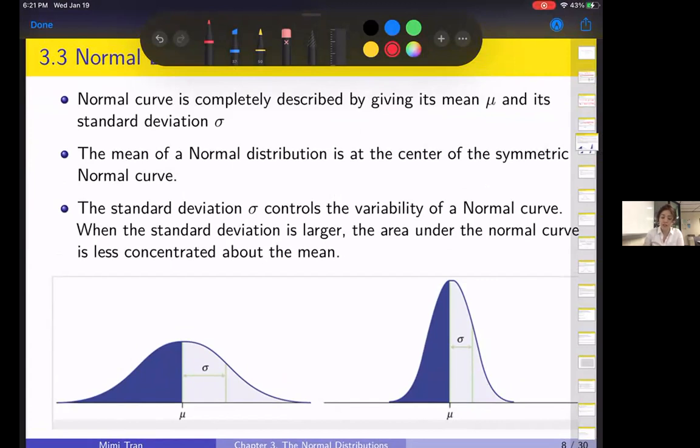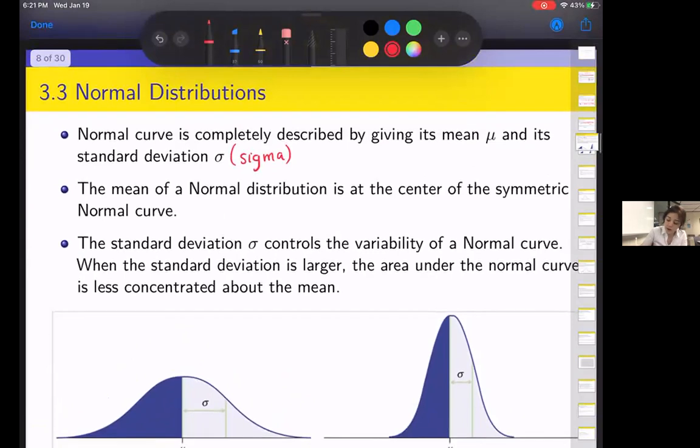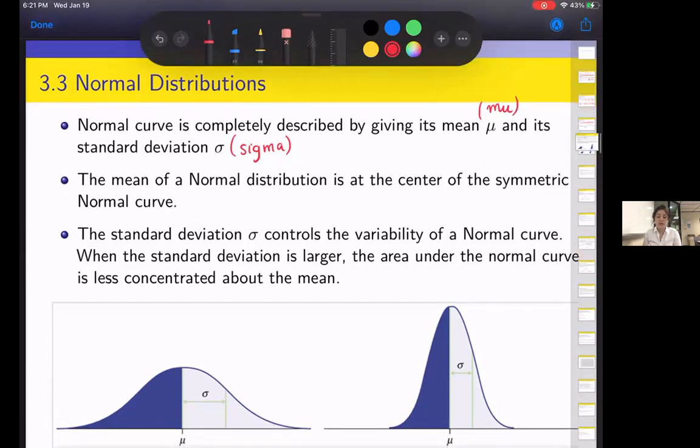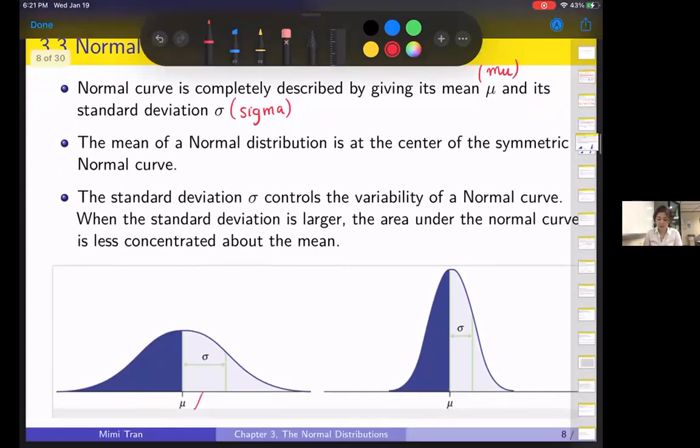So for a population we use mu for the mean and sigma, the Greek letter sigma, for the standard deviation. Here is mu. The mean of the normal distribution is at the center of the symmetric normal curve, right at the center of the bell curve.